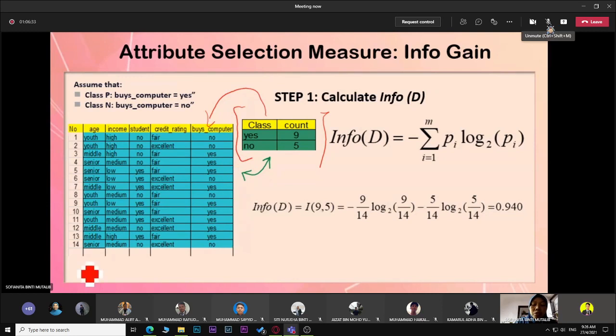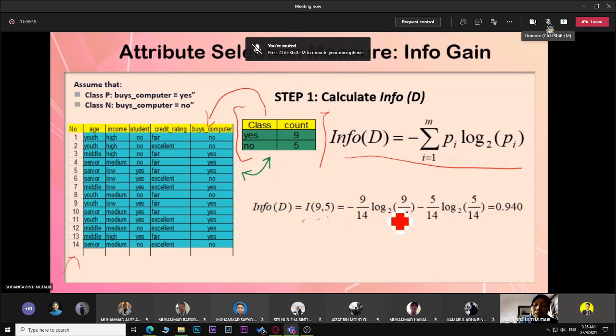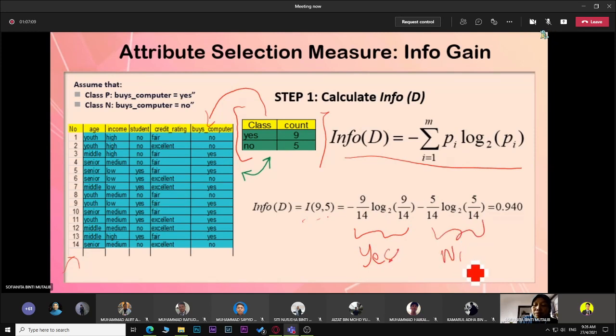Altogether we have 14 records: 9 are yes and 5 are no. So information of the data set is minus 9 divided by 14 log 2 of 9 divided by 14, which is for class label yes, and this one is for class label no.